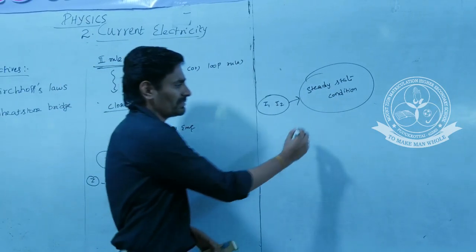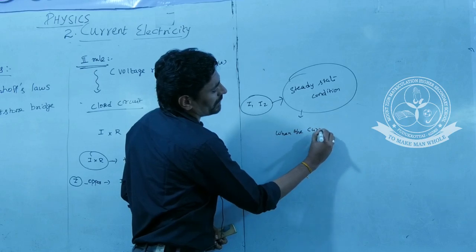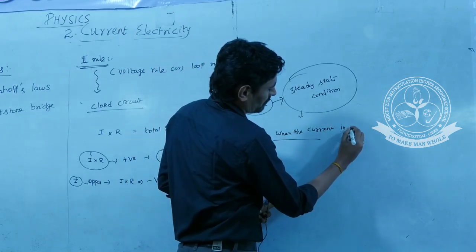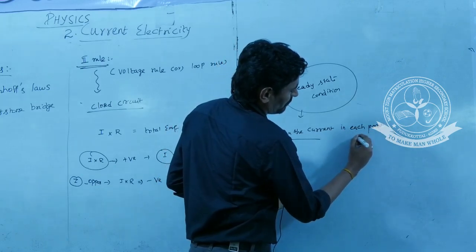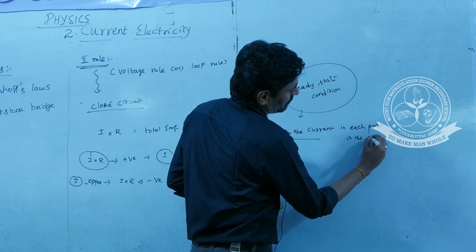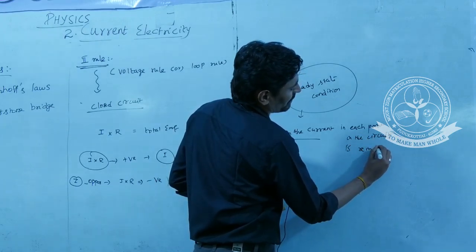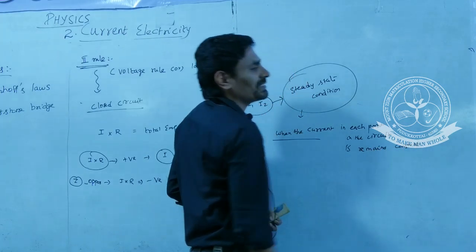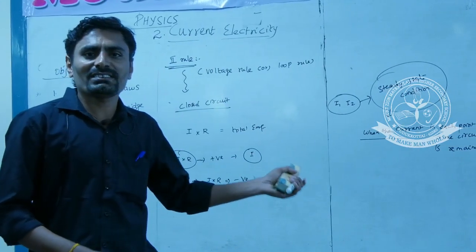That means the current in each point of the circuit remains constant. That is the steady state condition. Only under these conditions can the Kirchhoff voltage rule be applicable.